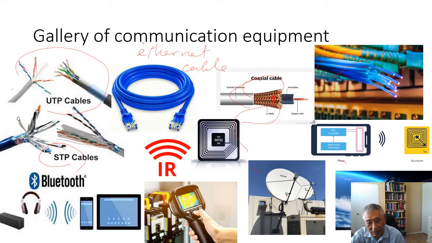This one I didn't put much on, but this is RFID, radio frequency ID. When you pass a device through the reader, or at a supermarket checkout, it sometimes blinks or just passes through.